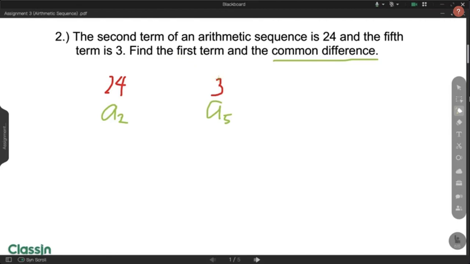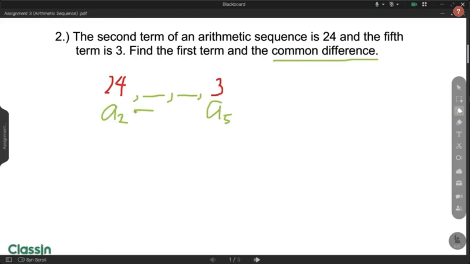To get the first term, we will just subtract the common difference from a sub 2, the second term. But before we can do that, let's find the common difference. Remember that between 24 and 3, there are still 2 terms.